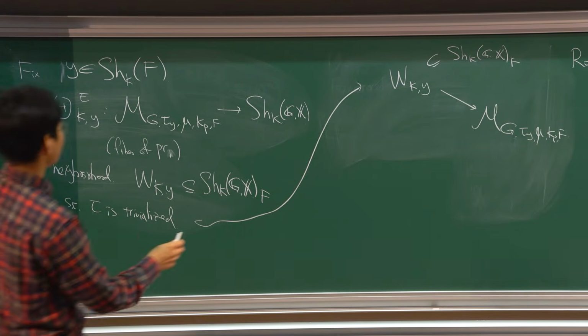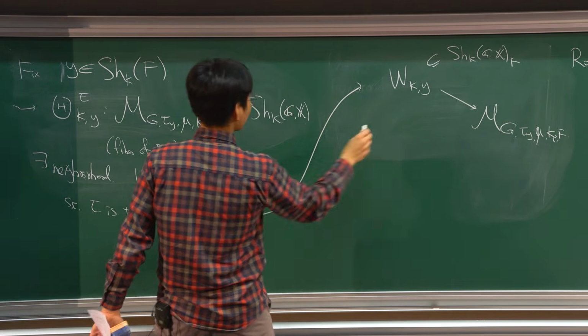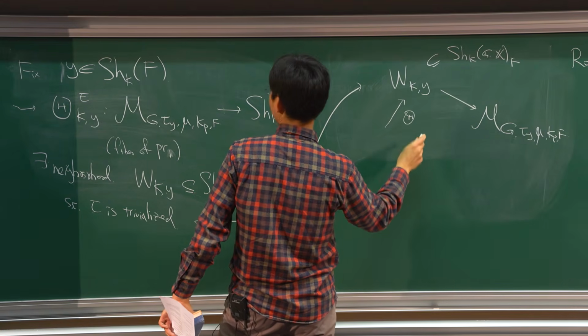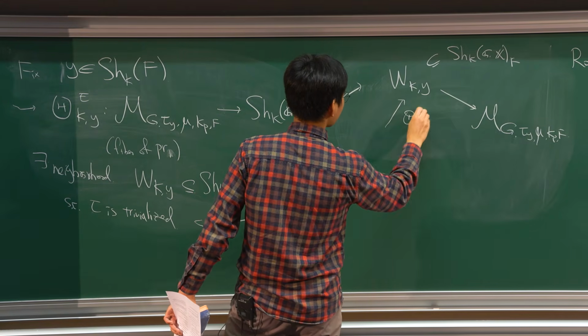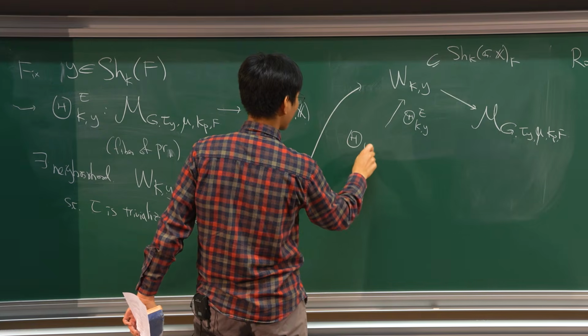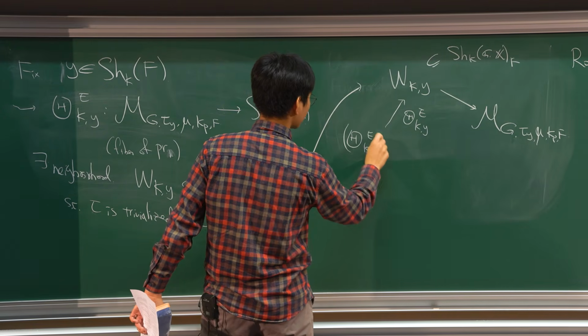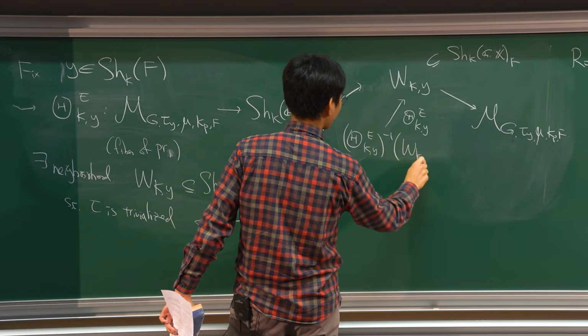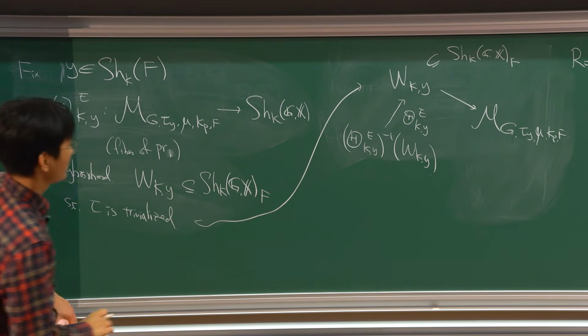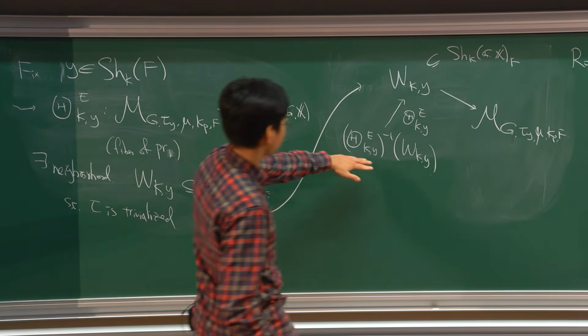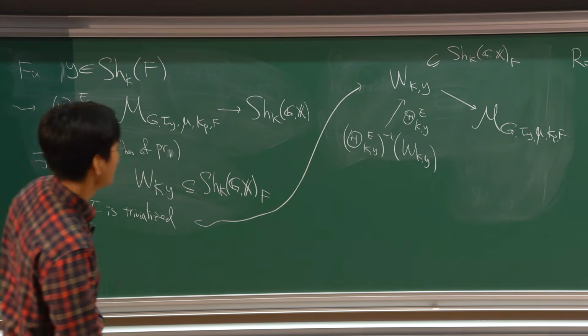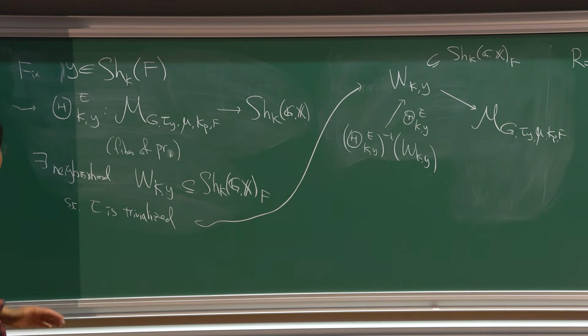And then, if I look at the map from theta_{K,y}^E inverse of W_{K,y}, this is also a, well, how do I say this?